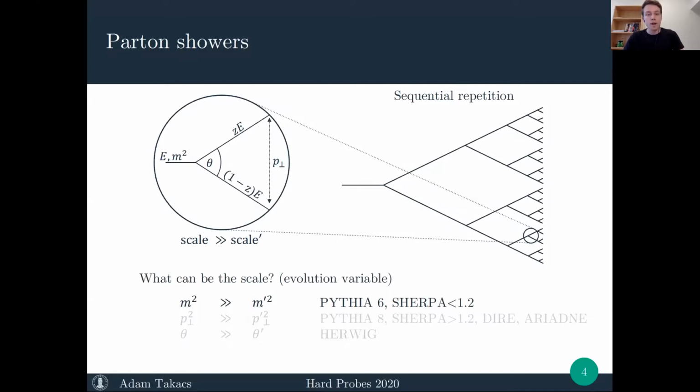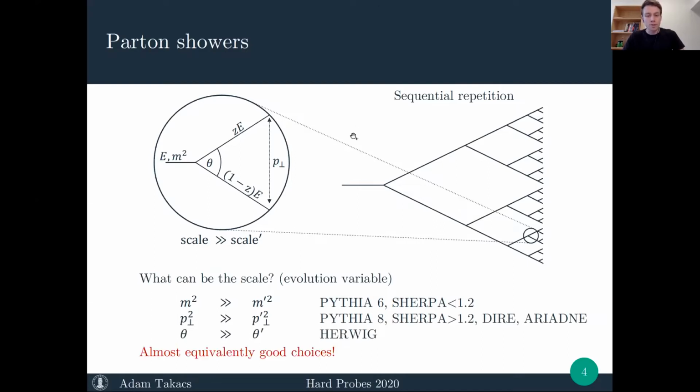When you have an excited parent, it will decay to the less excited daughters with smaller virtuality. This was actually used in the first Monte Carlo implementations. Nowadays, it is more popular to use the relative momentum as an ordering variable because it is suggested by higher order calculations.